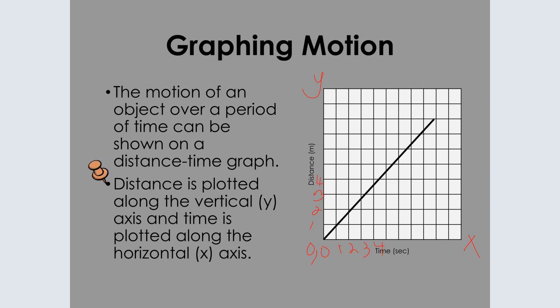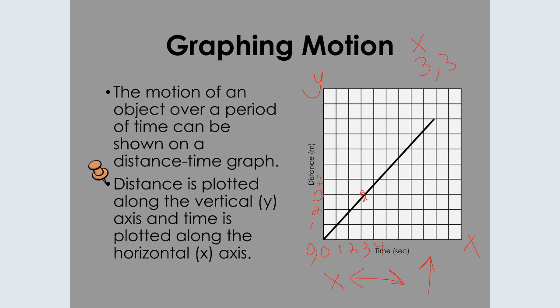Remember, when we plot something, we go x, so we go left and right first, then we go y. So in this particular case, this point here would be 3, 3.